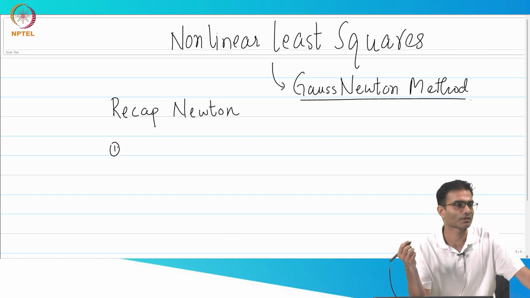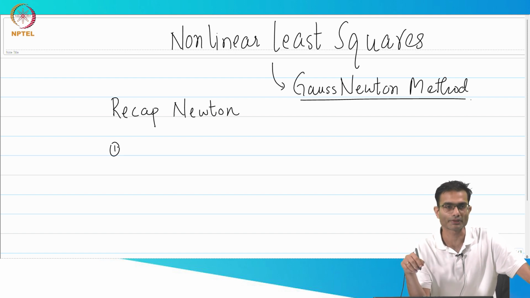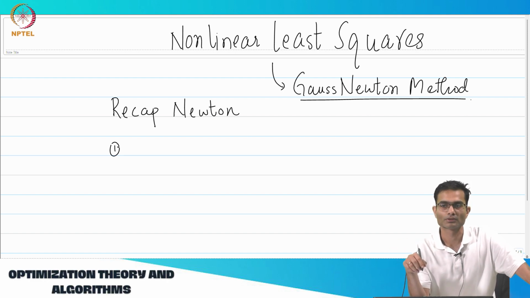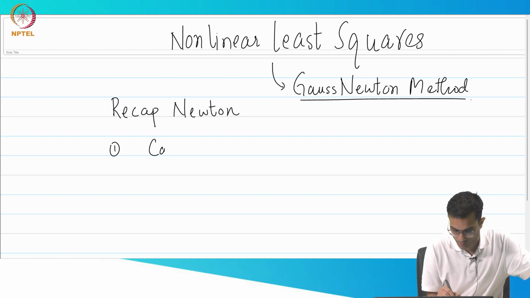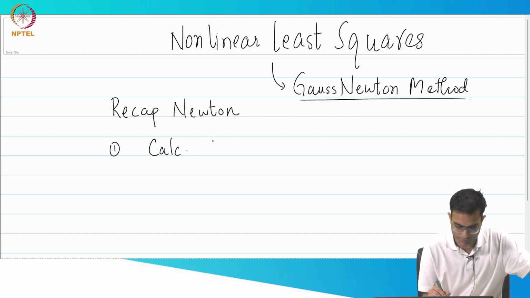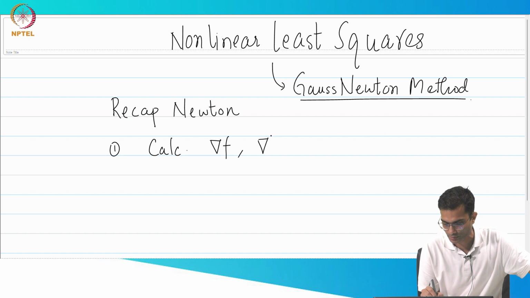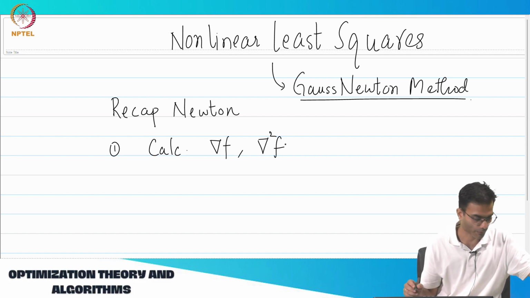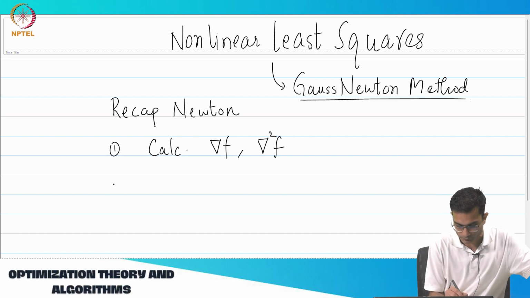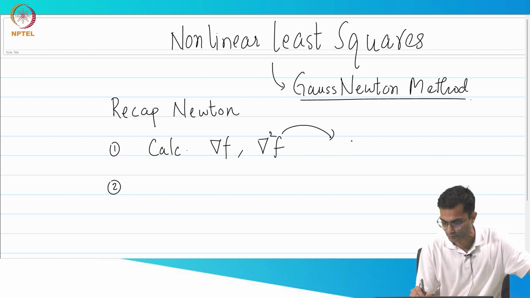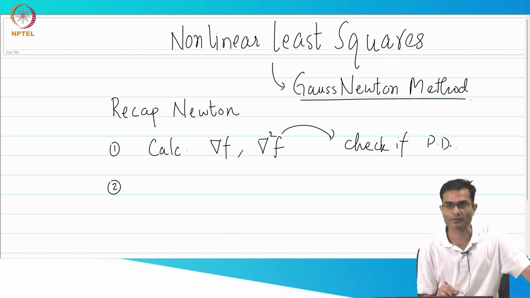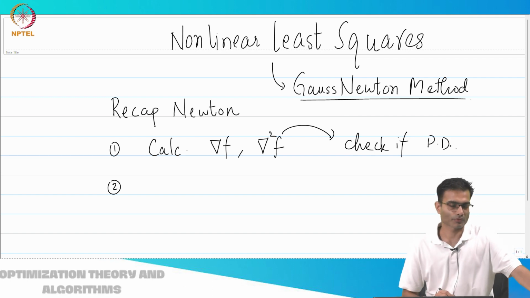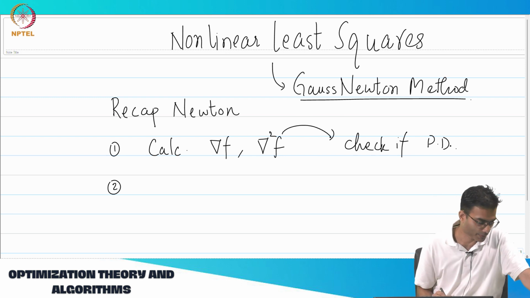What is the first thing that you want to do after picking the initial point? Even before that, you need to first calculate the gradient and Hessian, right? So let's just say that you need to first calculate, because it's not going to be given to you, grad f and the Hessian, okay? And after having calculated, you need to check if this is positive definite. Let's assume for simplicity that it is positive definite, okay?